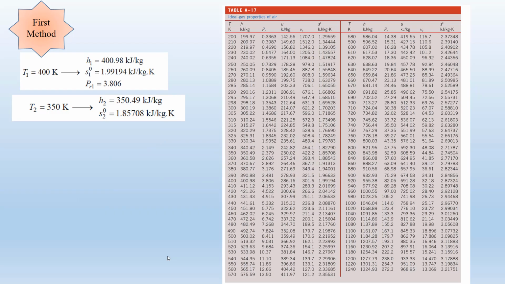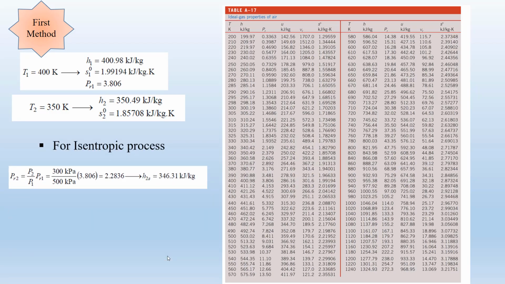Okay, so look, guys, this is an isentropic process. You want to calculate the exit enthalpy for isentropic nozzles. Keep in mind that in the problem statement you are asked to use variable specific heats.